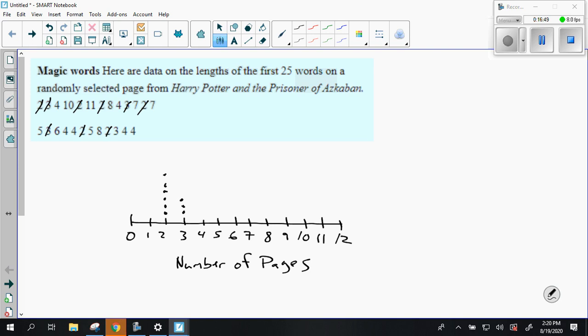There's a 4. You've got another 4. Another 4. Another 4. Ooh, my dots are getting sloppy. Another 4. Sorry, that's really not looking good. Let me fix that.